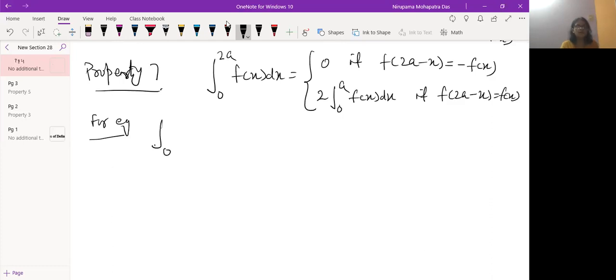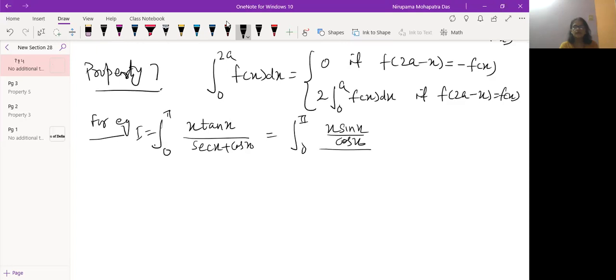Suppose for example, integral 0 to pi of x tan x divided by sec x plus cos x. This is one question. Let this be I. So now I equals integral 0 to pi of x sin x by cos x divided by 1 by cos x plus cos x.